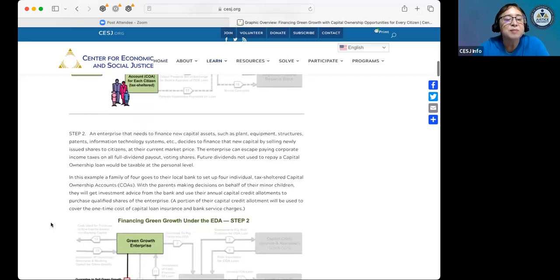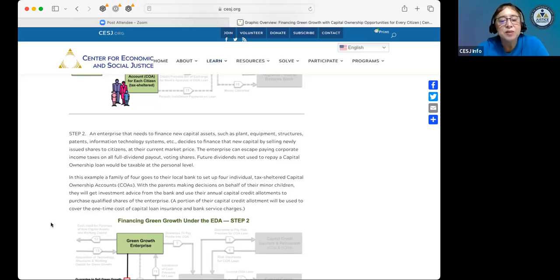So the next step is, and maybe we have to clarify the timing of these steps, that everything is determined by the need of the enterprise wanting to grow. So for purposes of this diagram, the enterprise that needs to finance its new capital assets will decide that it's going to do so by selling newly issued shares to the citizens at the current market price.